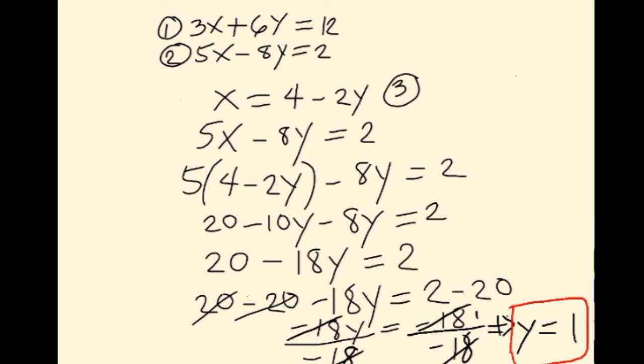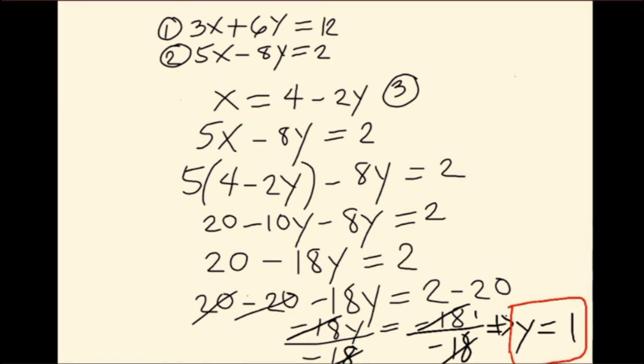The next thing we do will be to substitute this value into the previous equation we derived, which is equation 3. We have there the expression for x, the formula for x. So we will just substitute our value of y into equation number 3. Okay, let's do that.